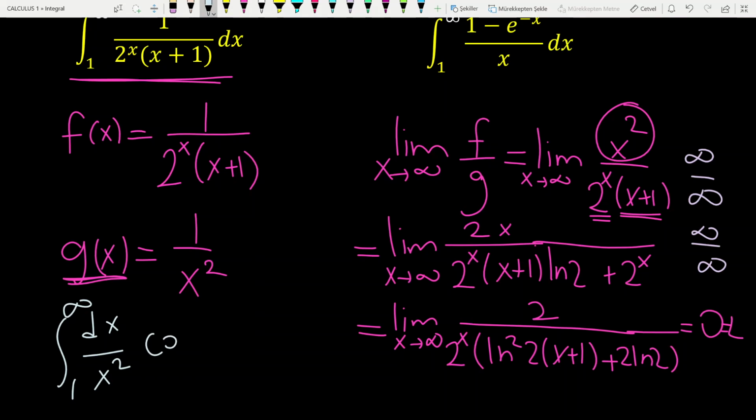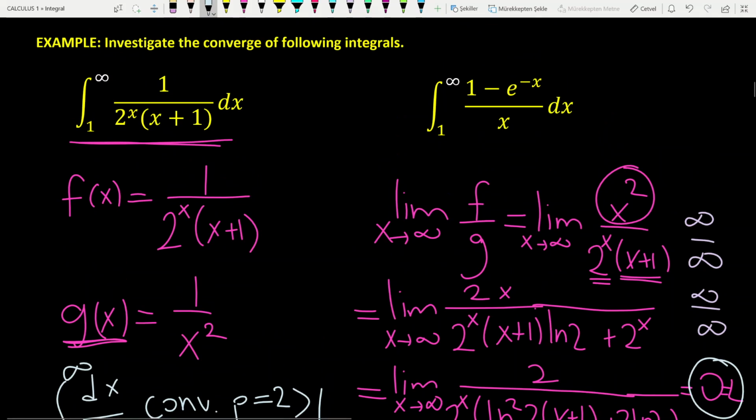It converges since p is equal to 2, which is greater than 1. So this is a convergent improper integral, and L is equal to 0, so by the limit comparison test the given improper integral also converges.